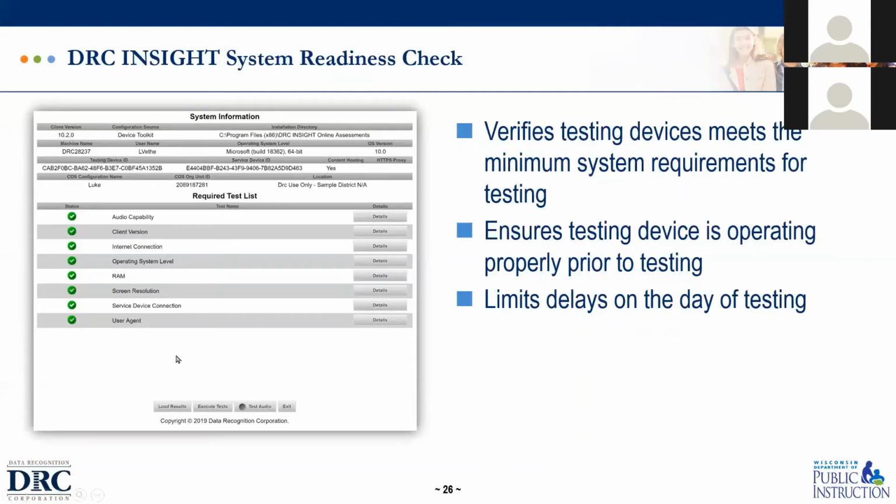If you check the system readiness check and everything is green, it's good to go. If there's anything yellow, it just gives you a warning that there may be something you want to take a look at. If it's red, it means this testing device is not going to be able to support testing. And then it gives you more details over here as to where to go to get more information as to why.